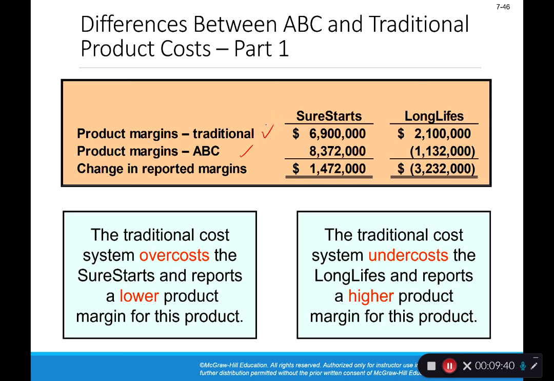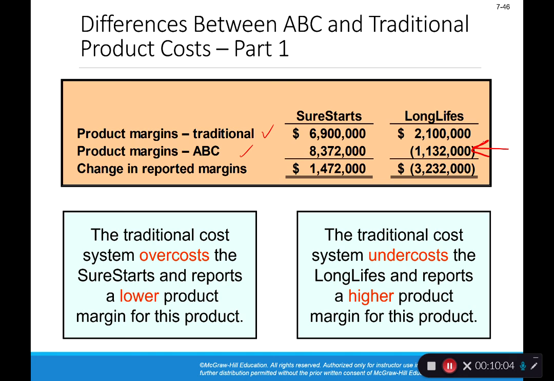The idea is that ABC costing is more accurate and more reliable, so the correct or better numbers are these ABC numbers. So if we're using traditional costing, we're going along thinking both of our product lines are profitable, we're living the dream, when in fact one product, in this case, is far more profitable, the Sure Starts, than the other, the Long Lifes.